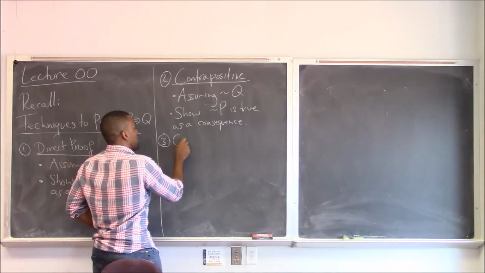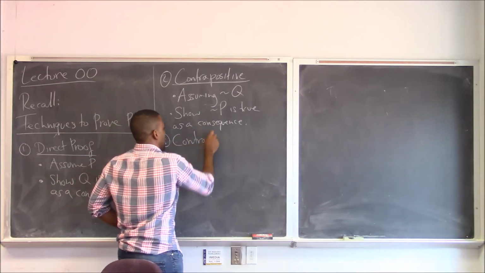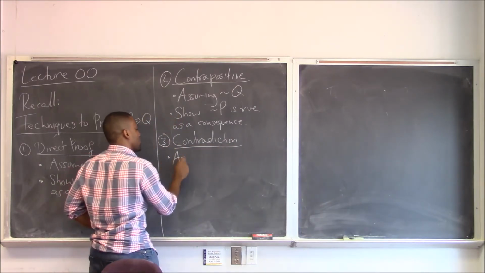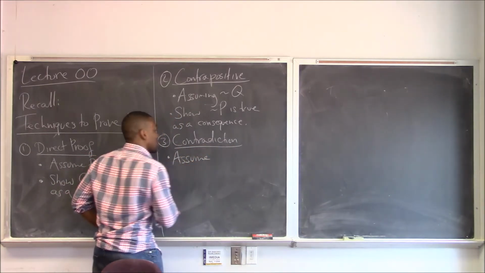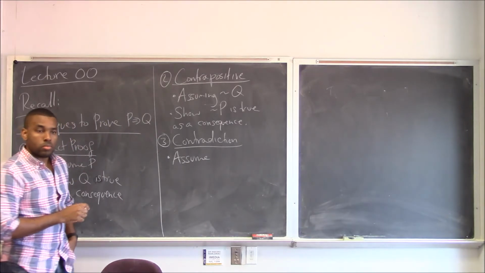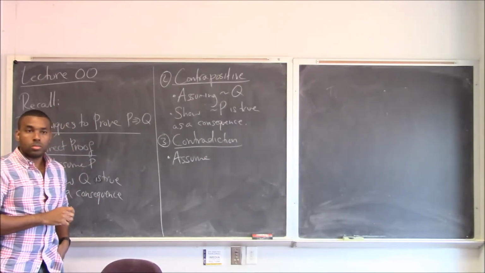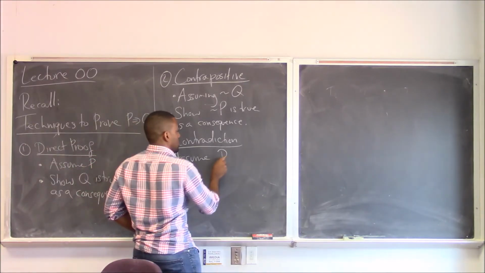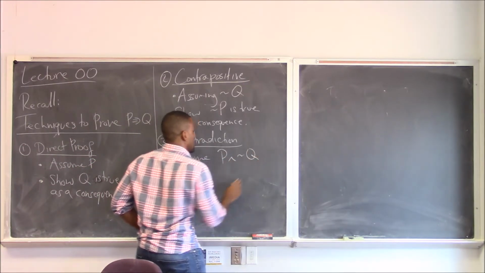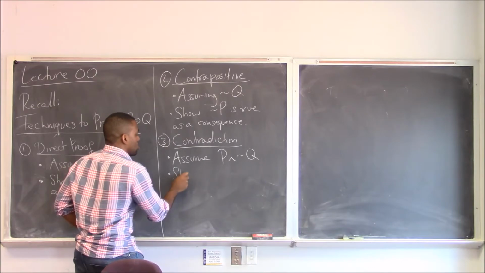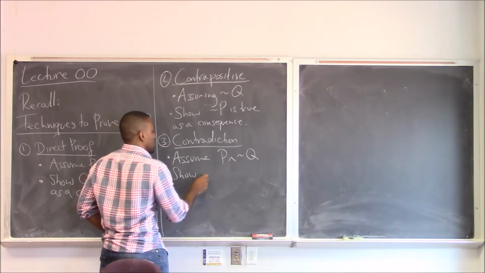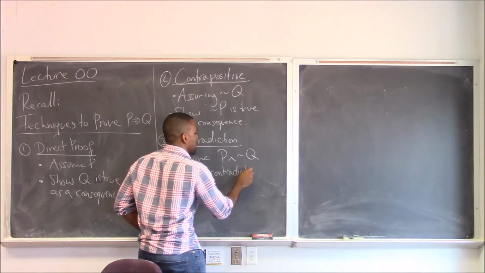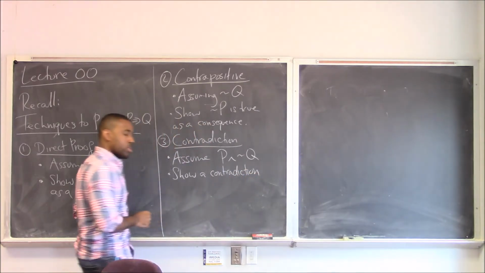We spoke about proof by contradiction. What did you have to assume for contradiction? Assume the hypothesis and the opposite of your conclusion, so P and not Q, and then you have to show a contradiction arises: a mathematical statement that is always going to be false.